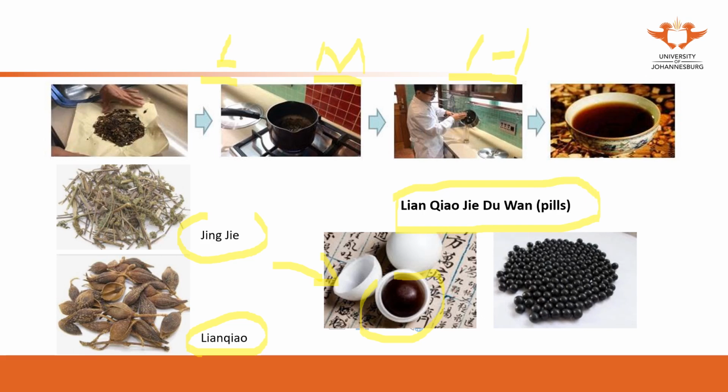However, in the same experiment, they used 荆芥 and 连翘 from which the essential oil had been removed. So they prepared the 荆芥 as the material, and then took the essential oil out. They did the same with the 连翘. They removed the essential oil because they wanted to use the other active ingredients.